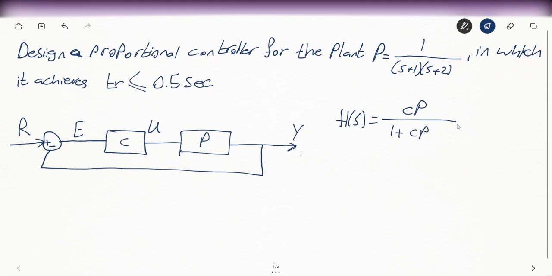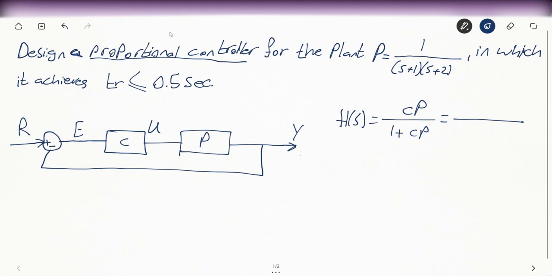Now, this can be written as, let me just spare some area. We know P, it's given to us. However, we do not know the controller, except that it's going to be a proportional controller. This is very important information. By proportional controller, we mean a constant.